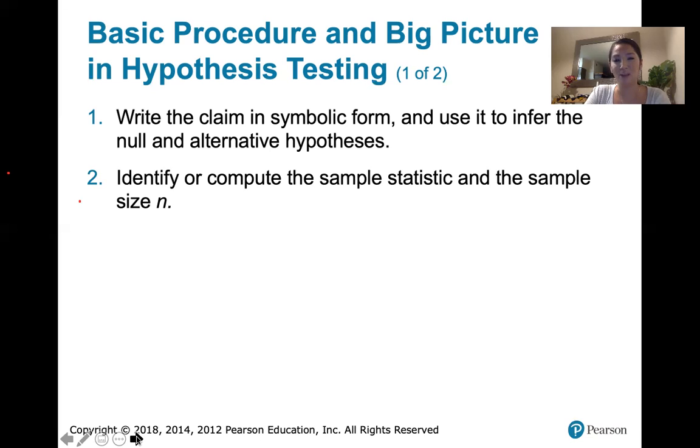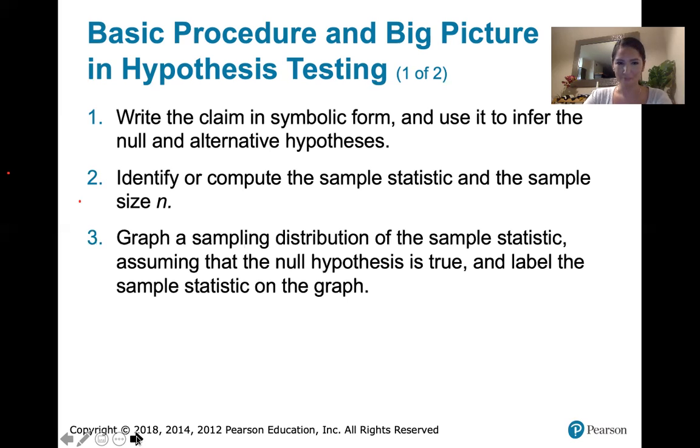Sometimes they'll give us enough information to compute the sample statistic and the sample size, and sometimes they will just state the sample statistic in the problem statement. So you can either identify it or compute it yourself. The sample size n is relevant because it's related to the sampling distribution that we're going to talk about next.